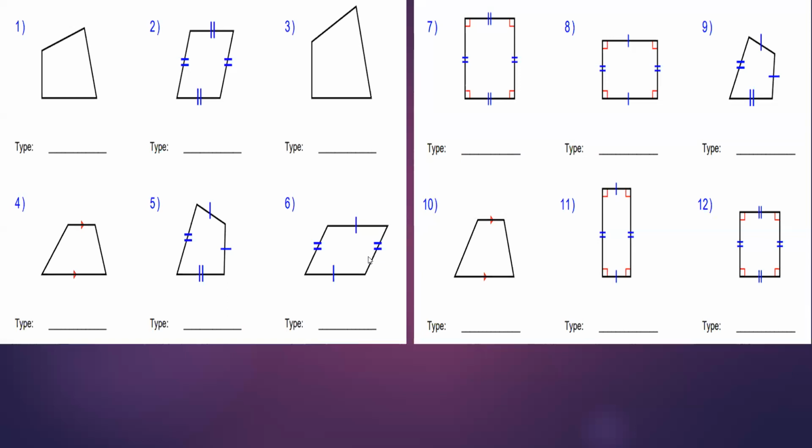What number do you want? Are you finished? Are you checking it over? Okay. Who else? Alasia, what number do you want? I'm sending it to you right now. Okay. And Zarens, what number do you want?